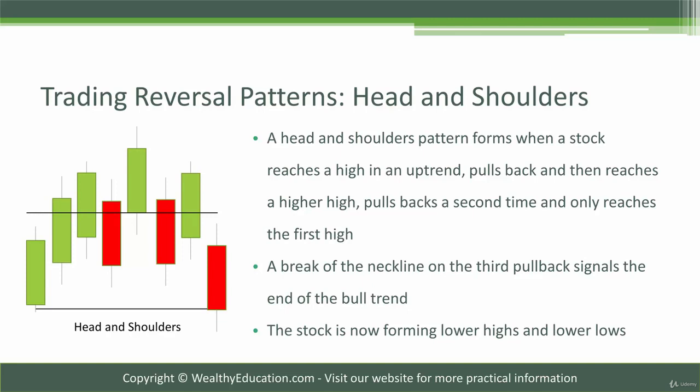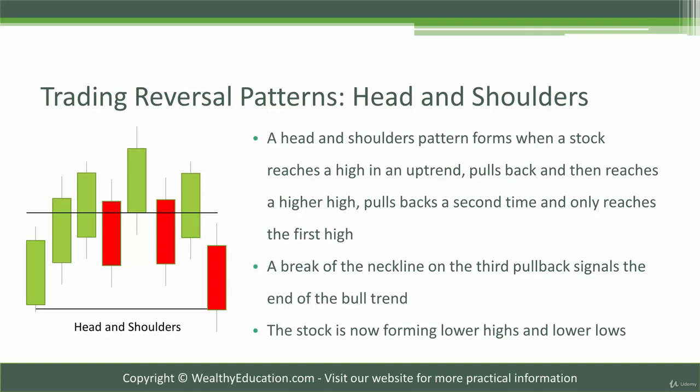So it's now making a lower high after this second pullback, and then the stock continues to make a lower low when it breaks through the neckline of the pattern. The neckline is the trough of the first two pullbacks.